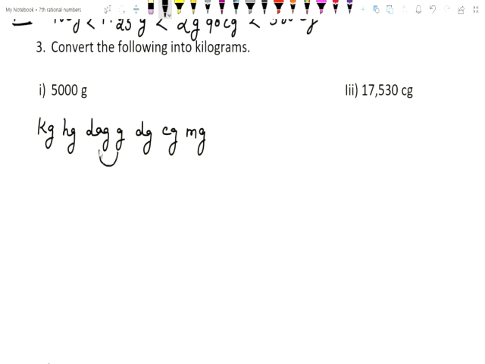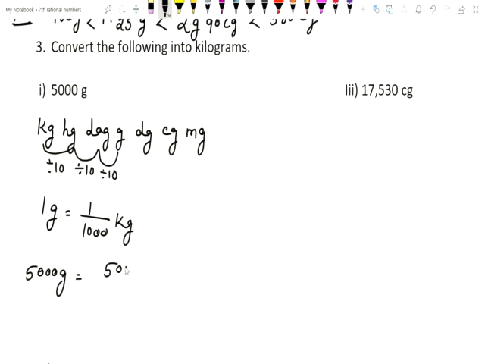1, 2, 3 steps. So divide by 10, divide by 10, divide by 10. So 1 gram equals 1 by 1000 kilogram. So 5000 gram equals 5000 by 1000 kilogram.